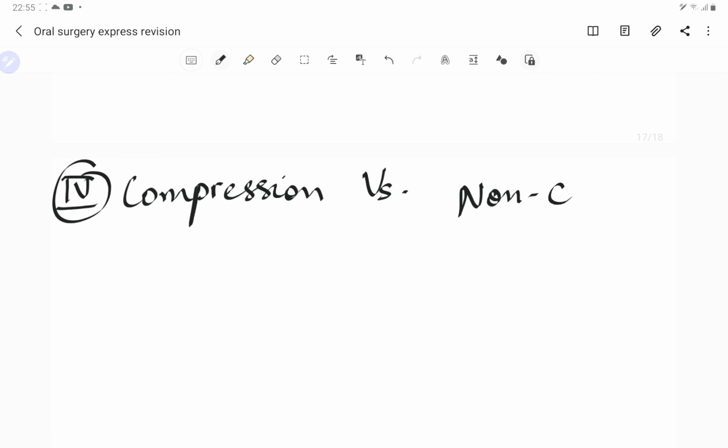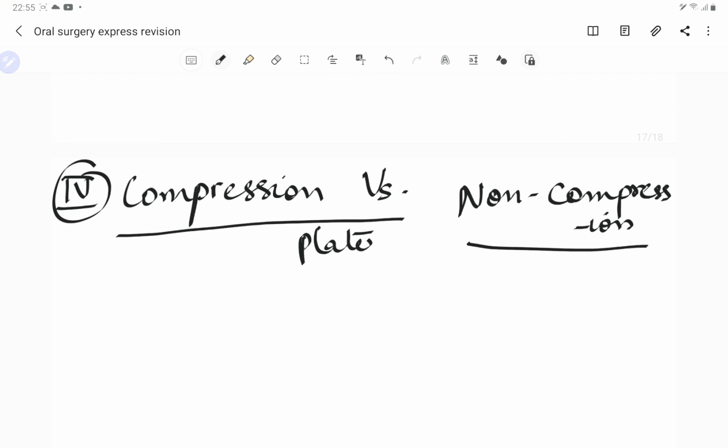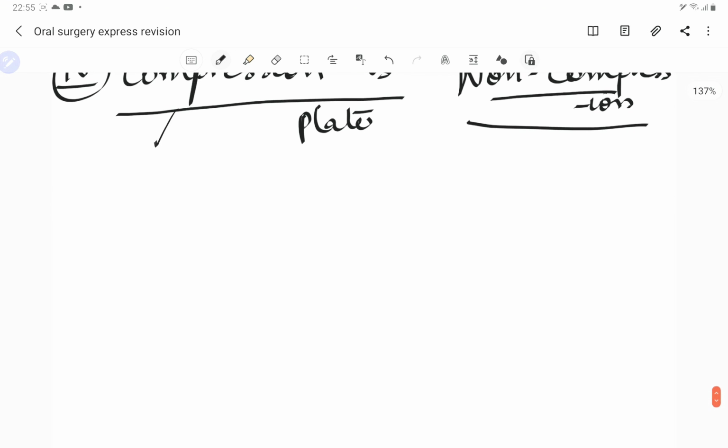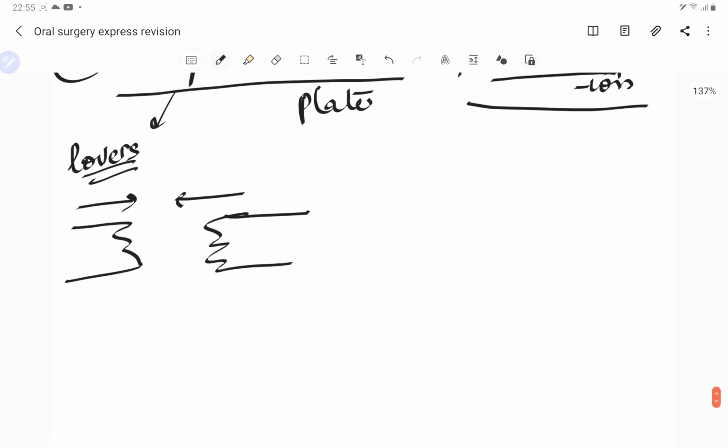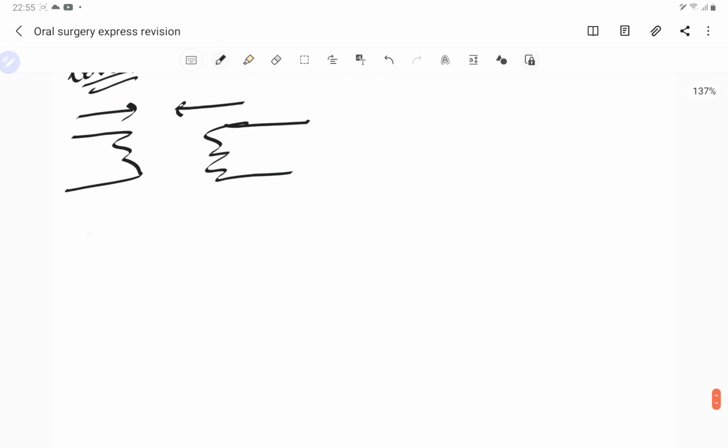Now we have the fourth principle, which is compression versus non-compression plates. Guys, the difference between them is that compression plates are kind of lovers. They are going to take both of these fracture segments together. I mean, they are going to pull both the fracture segments until they meet. But the disadvantage is that sometimes there can be overriding.